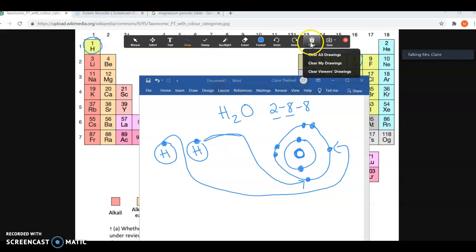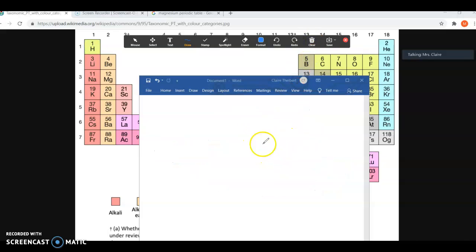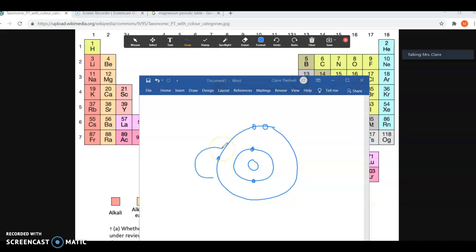So let me clear this. When they do all hook together, it's going to look like this. You're going to have oxygen in the middle. Those are oxygen's 2, 1, 2. So hydrogen is going to hook up over here. Let's do the circle first. Hydrogen's hooking up right here, so there's going to be 2 circles.